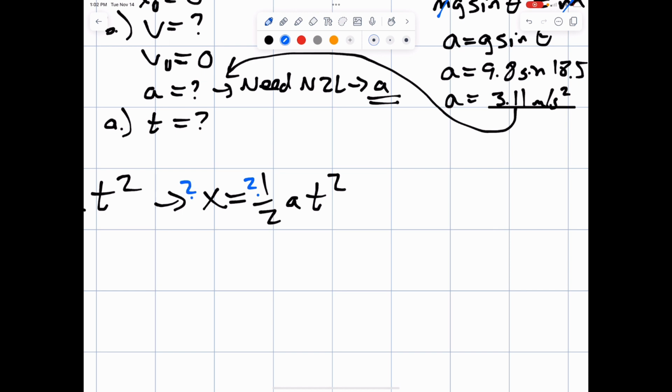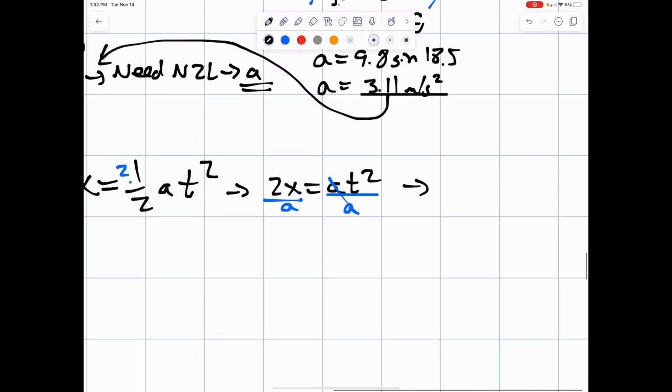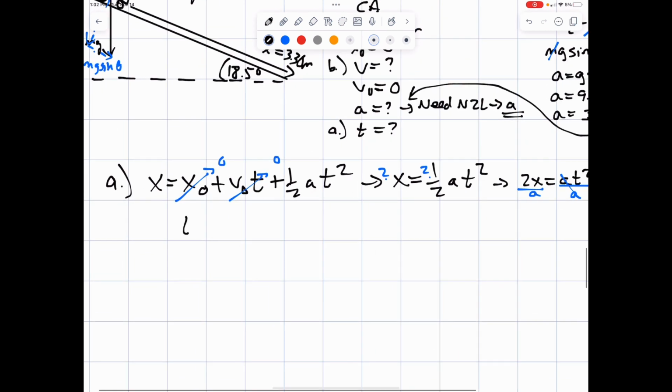Multiply by 2. Divide by a. And square root. So we have 2 times x, which is going to be 3.30, over the acceleration we just found, 3.11.